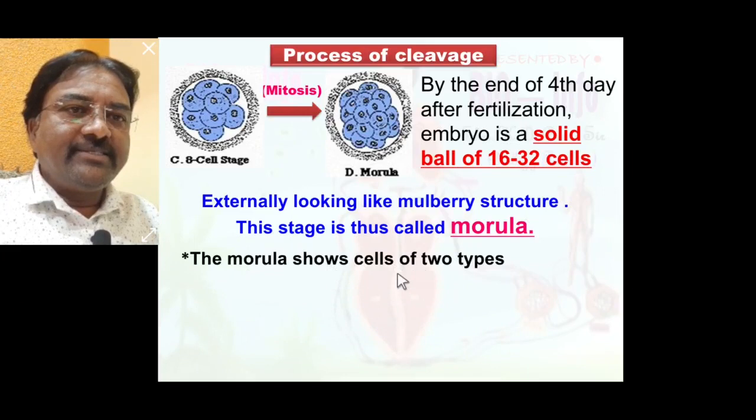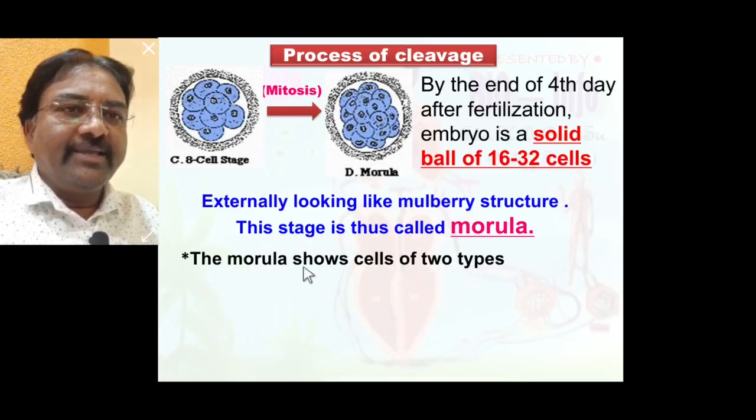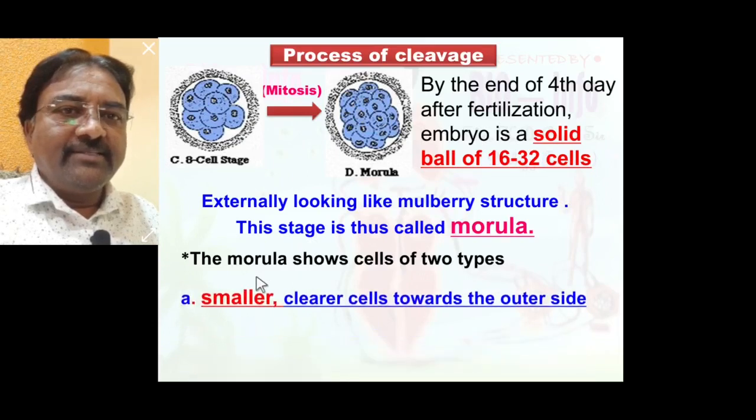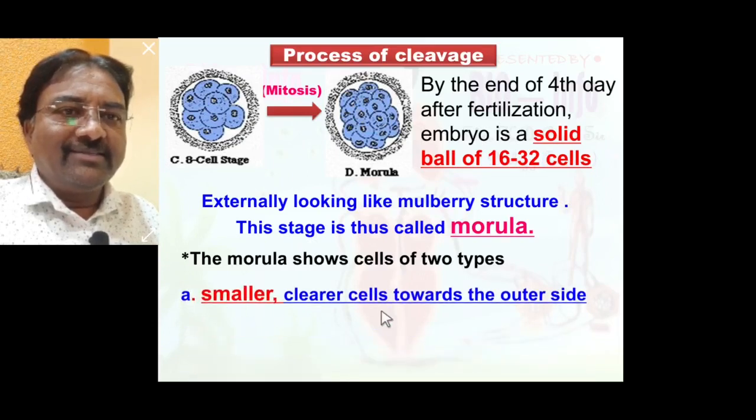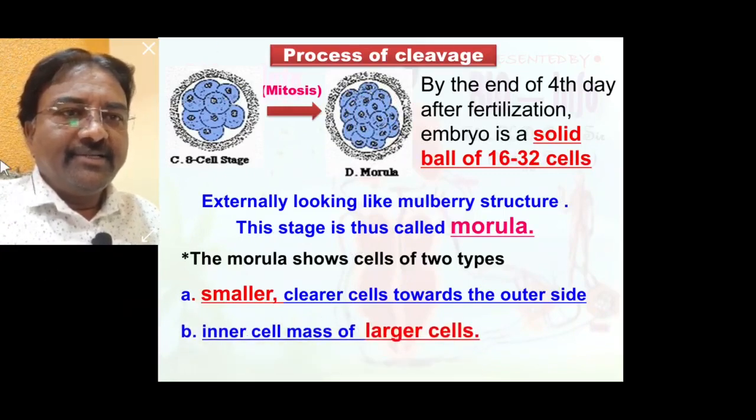The morula contains two types of cells: smaller, clearer cells towards the outer side, and larger cells, the inner cell mass, on the inside.